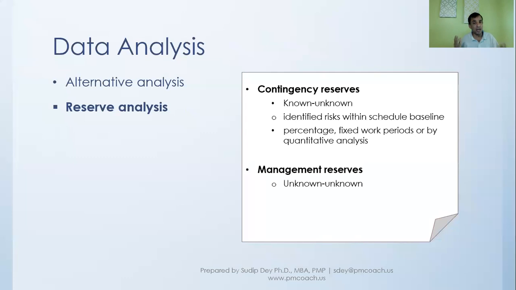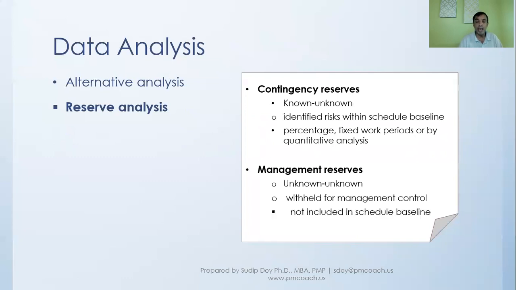So this surprise risk that we can't even think of can come, and we know this happens all the time. So we take that into consideration, but this is not something that you will consider in your schedule baseline. It will be withheld within the management control. And so, like we said, it will not be included in schedule baseline.